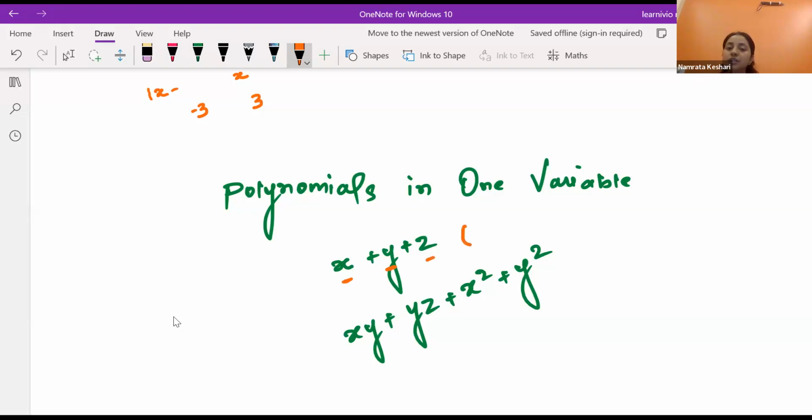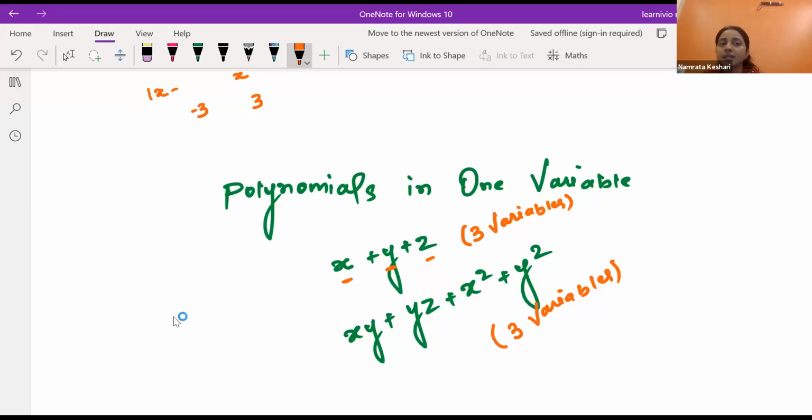So three variables are included here, right? Next one, we can see again x, y, z. So three variables are included here. We are just checking what different types of variables are included.